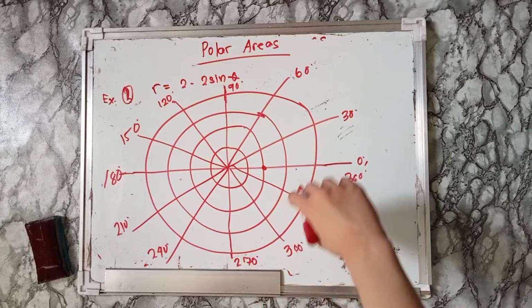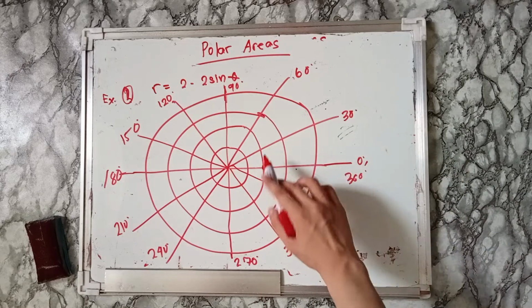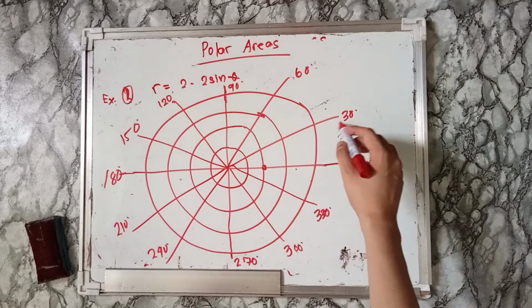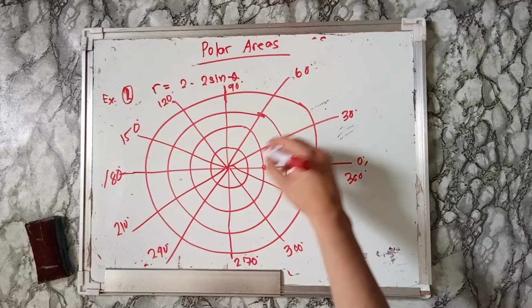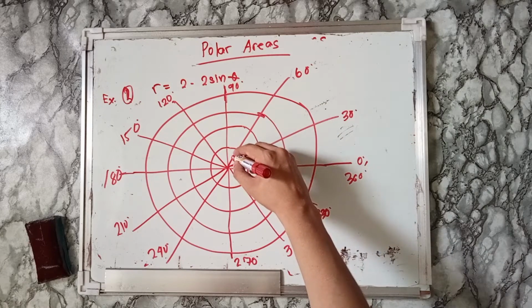Now when our theta is 0, our radius is 2. When it is 30, this is just 1. 60 is 0.27, so somewhere here.